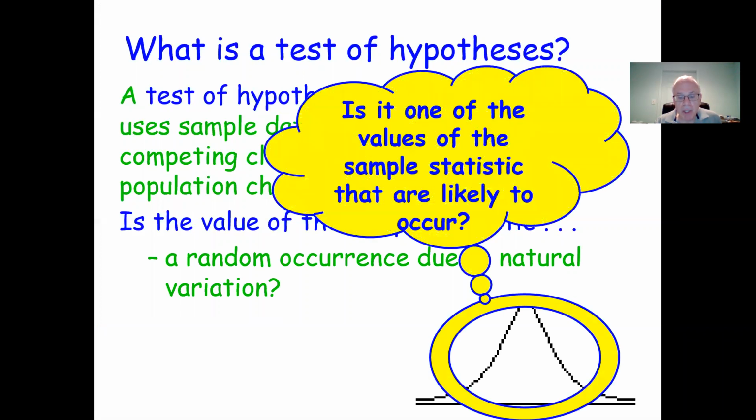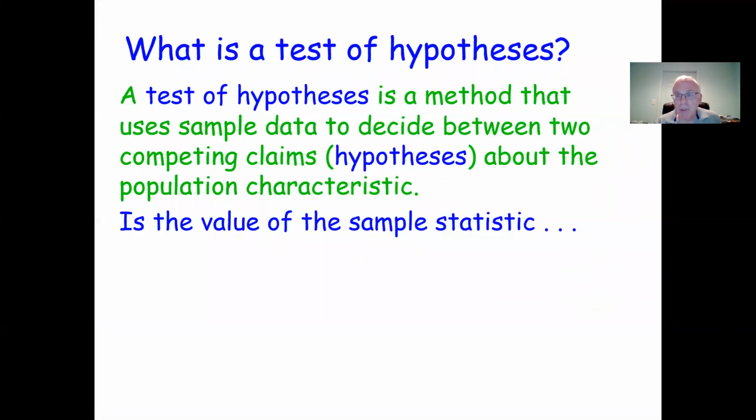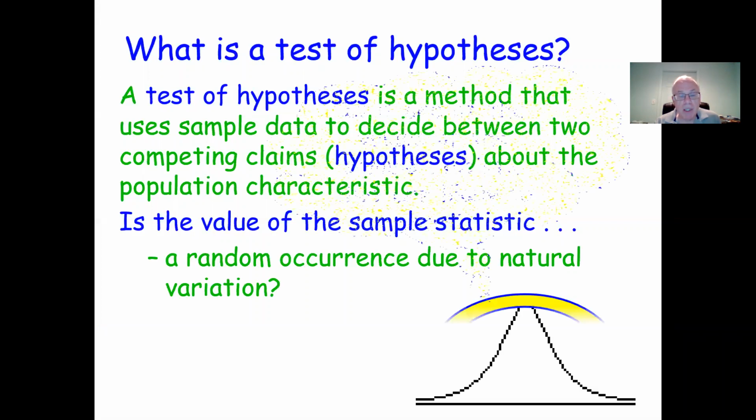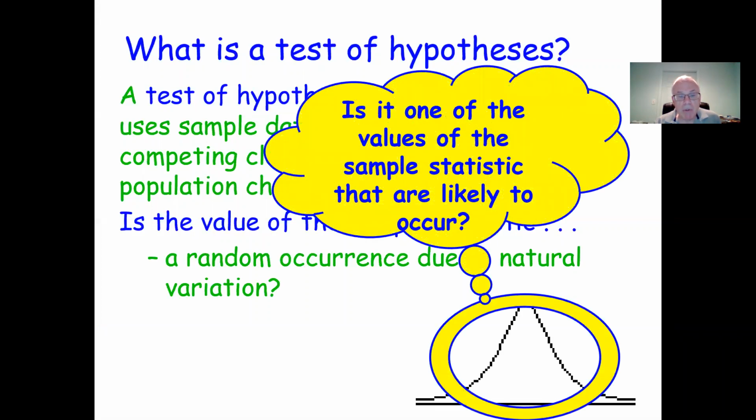All right, the first thing is the random value of the sample statistic that we get, like the sample mean or sample proportion. Does it seem to be a random occurrence due to natural variation? In other words, we make a claim about the population characteristic, and then we get the sample result.